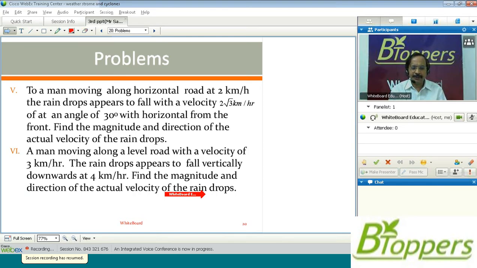This problem is much simpler compared to the previous two examples, because in this problem the two velocities are simply perpendicular to each other, and you get the answer as 5 km per hour, at an angle of 37 degrees with the vertical from behind.